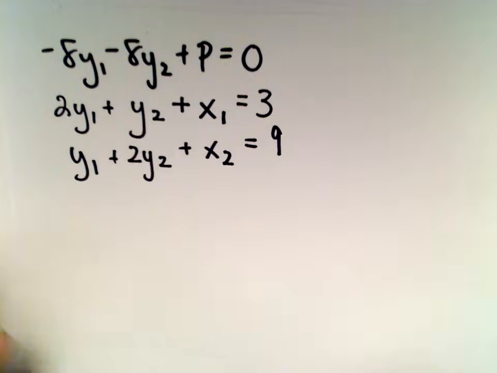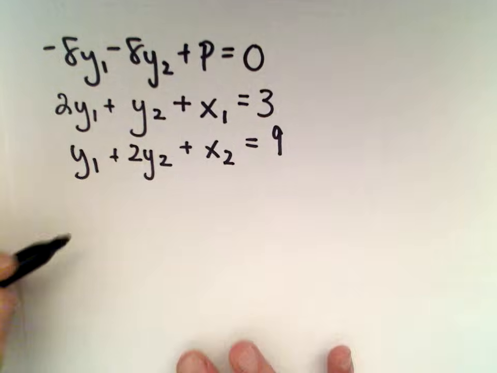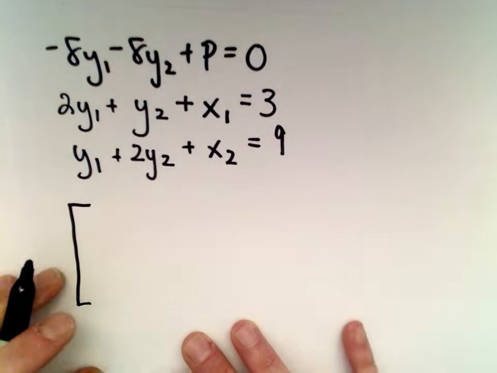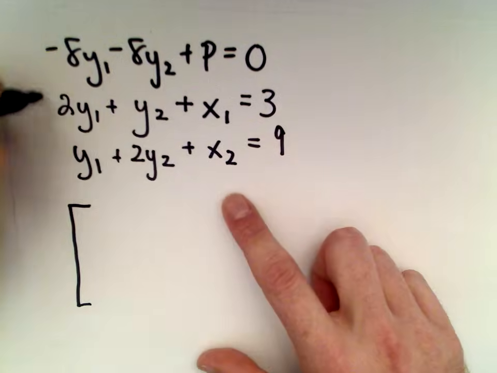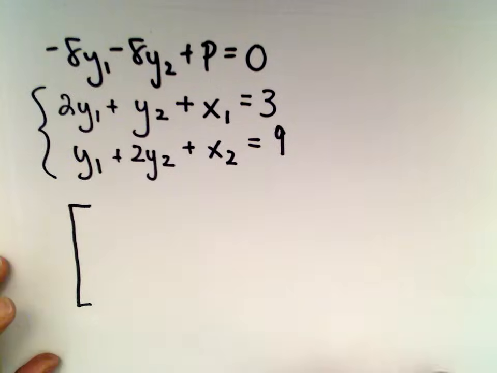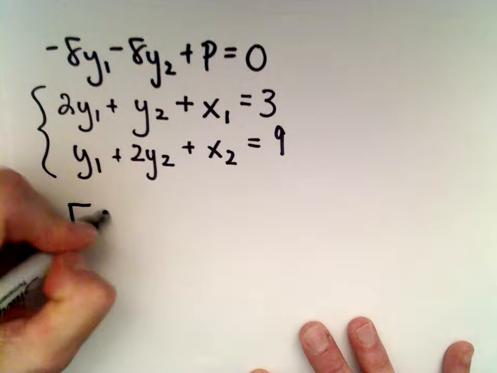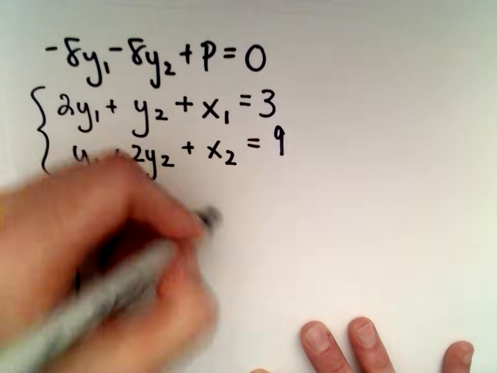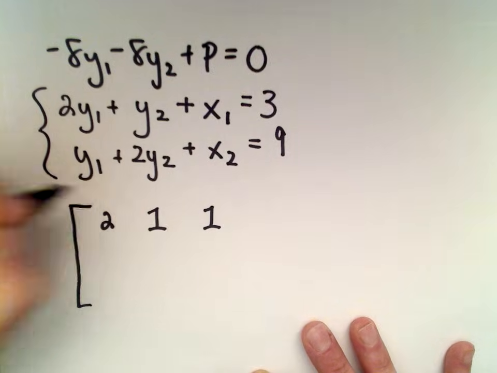So now this is where we put it into a matrix form, and then we start doing lots of arithmetic. So again, the constraints go first. These last two equations corresponded to my constraints. So I'm going to have 2y sub 1, I've got 1y sub 2, I have 1x sub 1. Let's even label the columns.